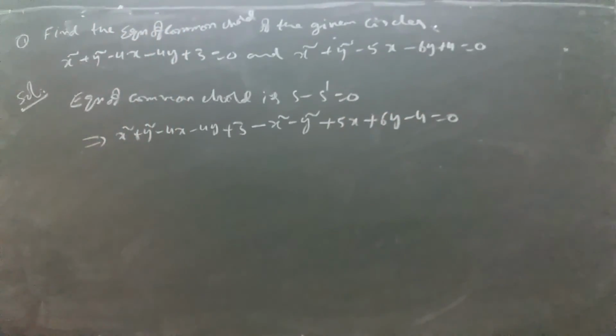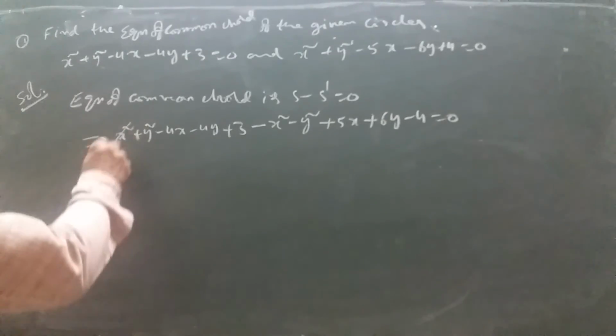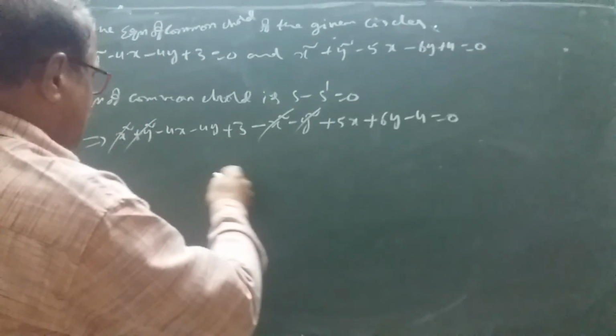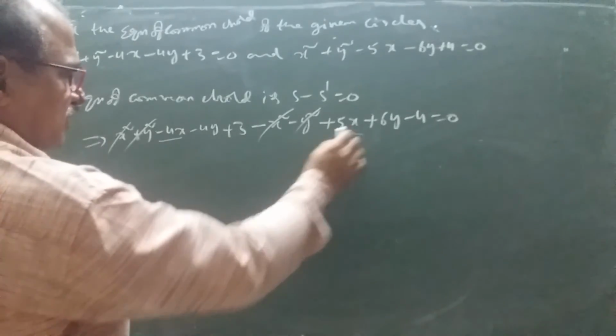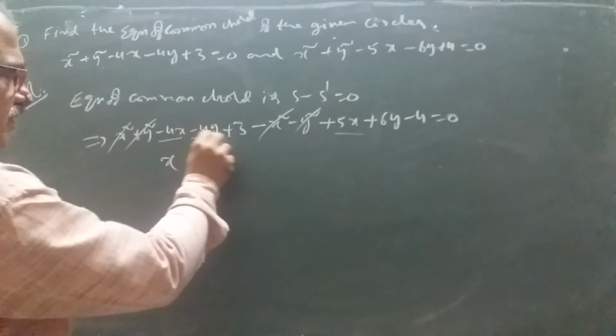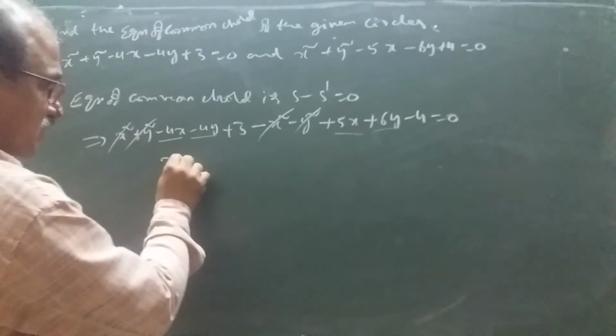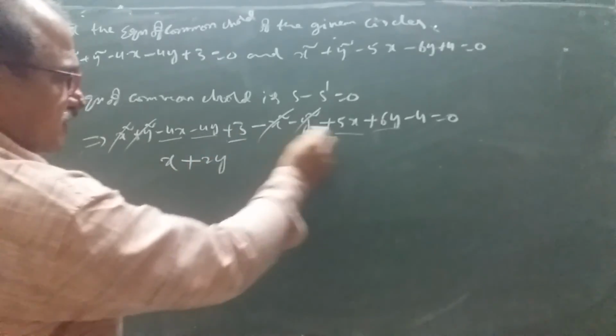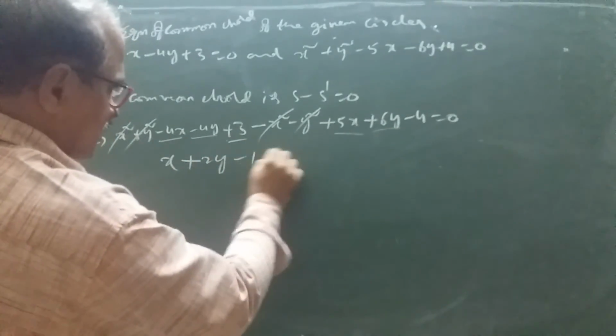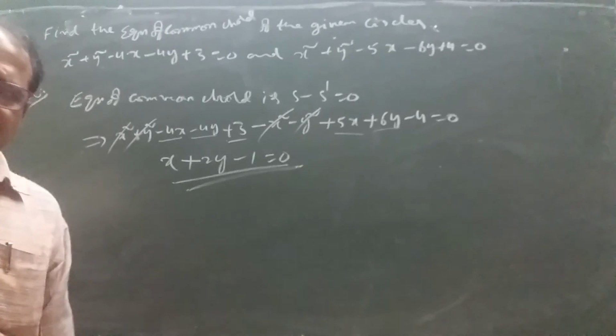X square and y square get cancelled. The remaining minus 4x plus 5x, that is x, minus 4y plus 6y, that is plus 2y, plus 3 minus 4, that is minus 1. This is the required equation of the common chord.